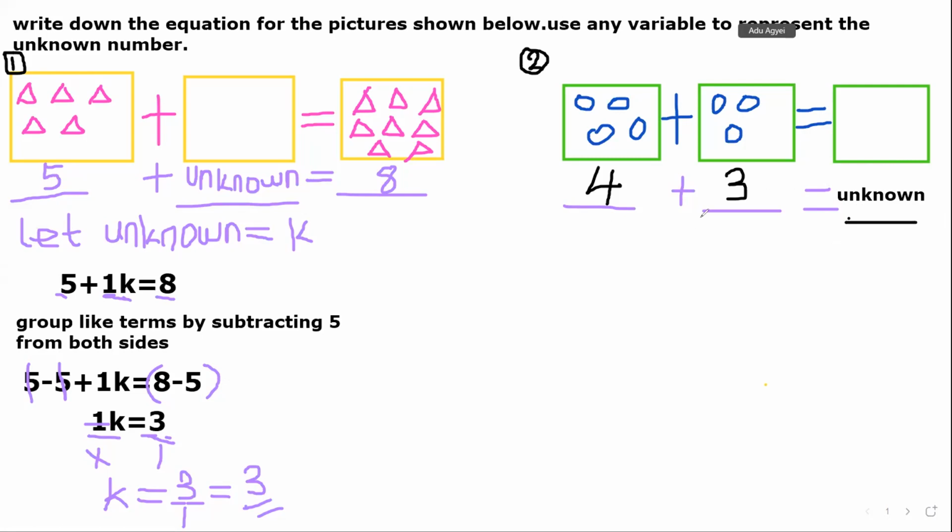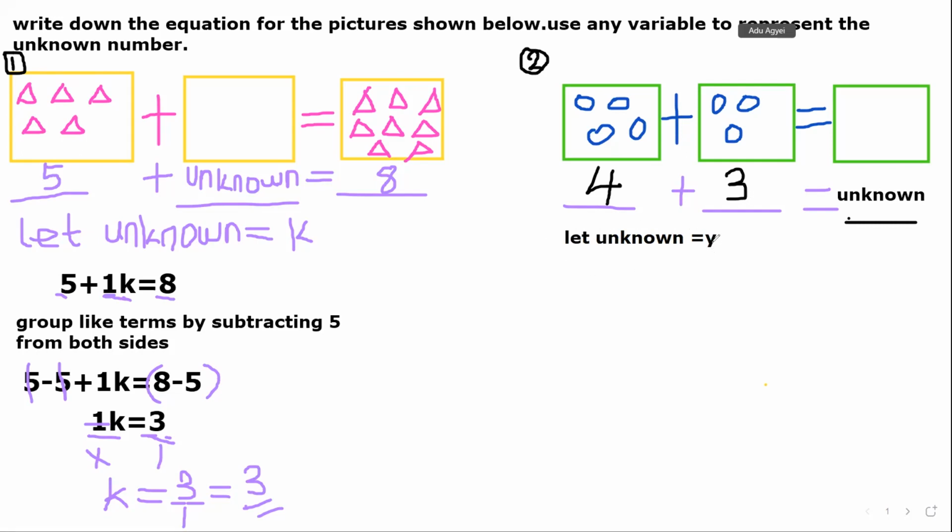Now let's choose a letter to represent the unknown. Okay, so let the unknown equal to any letter that you want. Letter Y. Okay, good. Therefore, you write the equation for that.